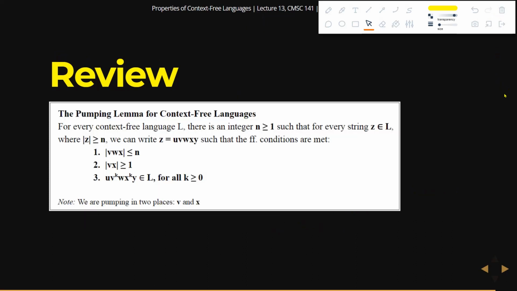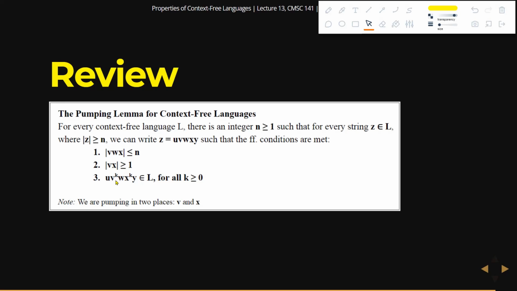And then, of course, the pumping lemma for context-free languages. For all context-free languages, there's an integer n greater than or equal to 1, such that for every sufficiently long string z, we can divide z into 5 parts, u, v, w, x, y, such that vwx does not exceed n in length, and vx has to be at least 1, so both cannot be empty.